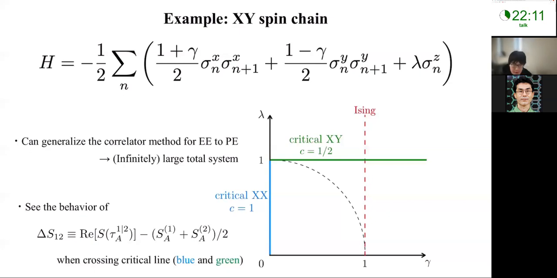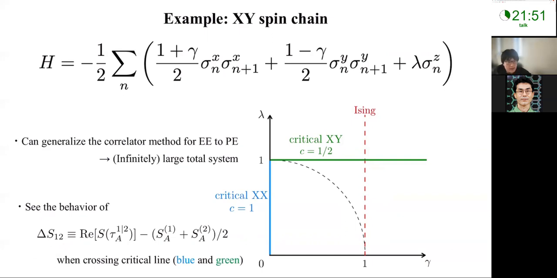This is just a parameter region for the Ising model. So, for example, at these two points, these two states belong to the same quantum phase. So the question is whether this delta S12 can detect such a difference. Okay.